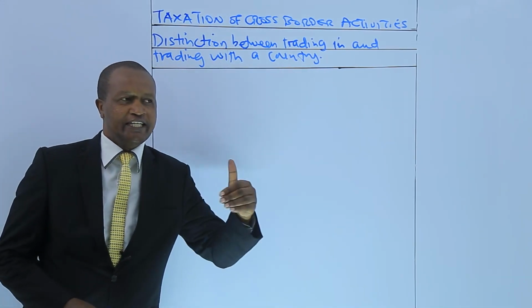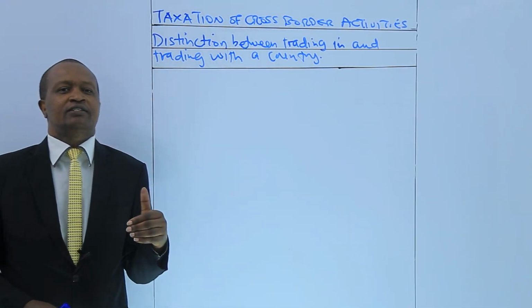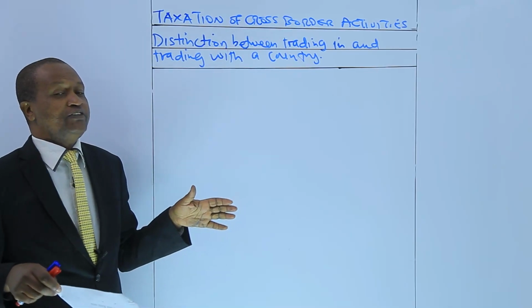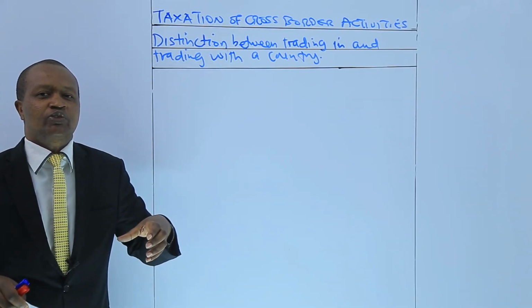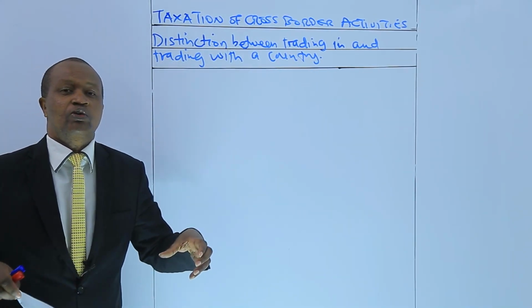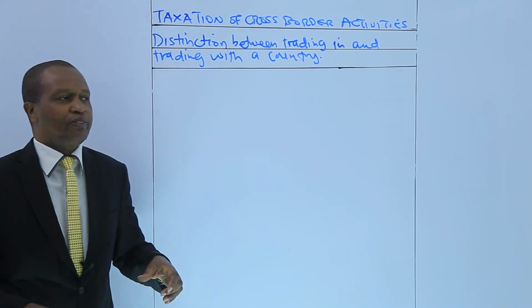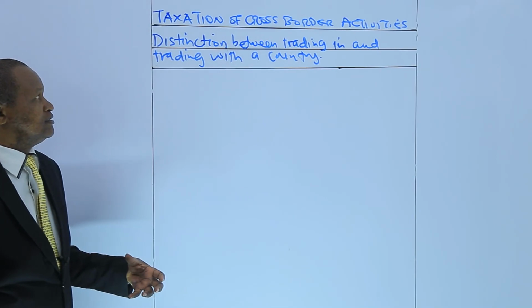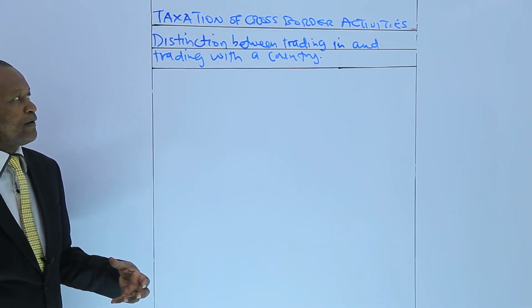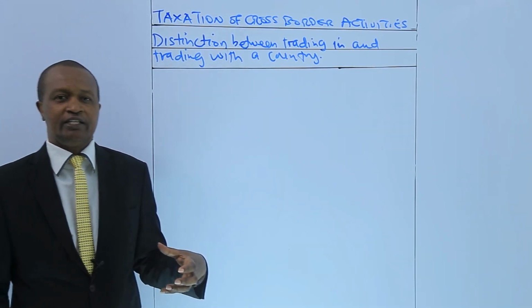Now, trading in a country refers to the activity of conducting business operations within the geographical boundaries of a specific country. Within the geographical boundary, right?